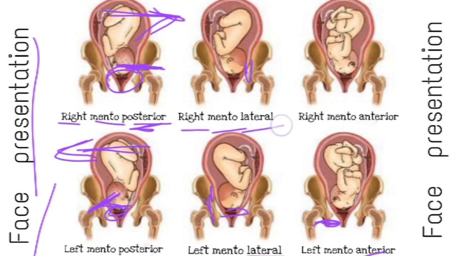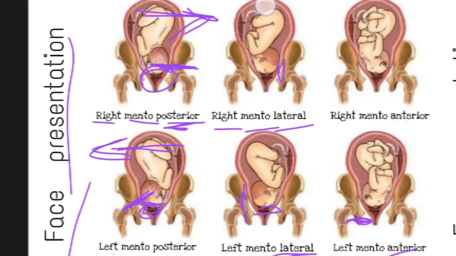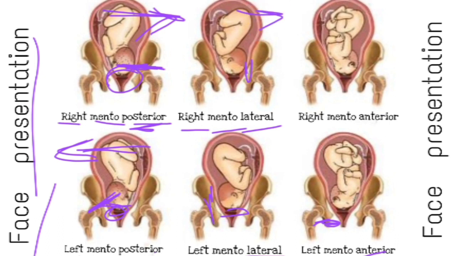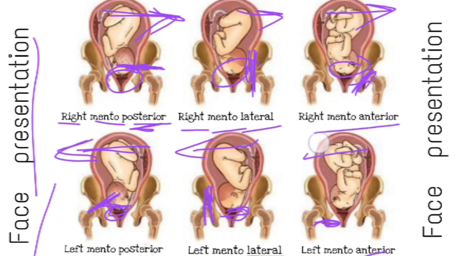Right mento lateral: the baby is facing right side, mento is visible, and the baby is placed lateral. Left mento lateral position. Right mento anterior: it's facing backwards, anterior position, right mento anterior position. Left mento anterior position. These are the malpositions present in the face presentation.